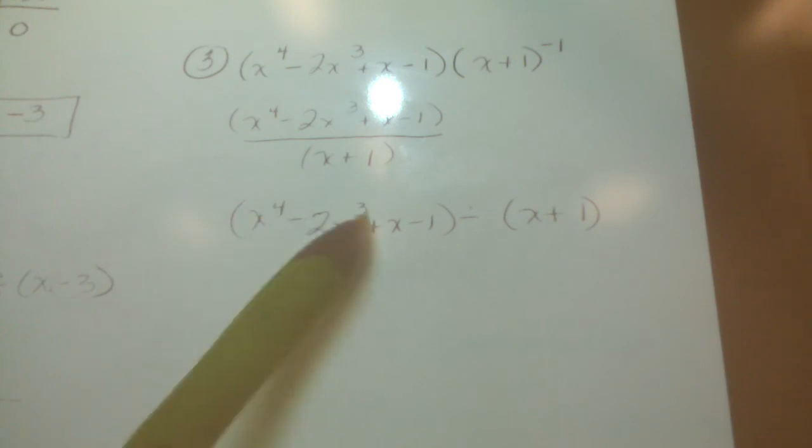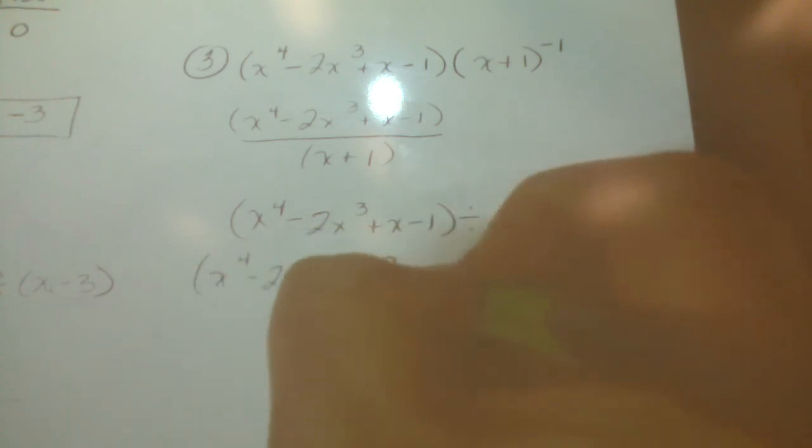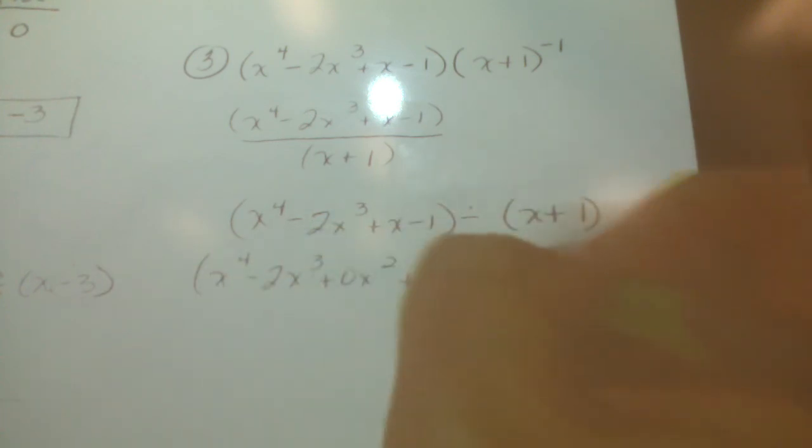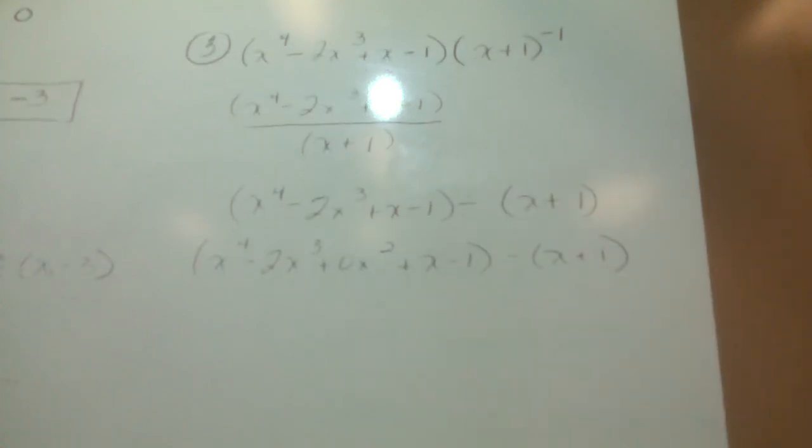Well, I'm missing a 2 because it goes right from x cubed to x to the first. So I have to put something there. It's like holding the place of the x squared. So the way that we do that is we put a 0. So it's x to the fourth minus 2x cubed plus 0x squared plus x minus 1 divided by x plus 1.